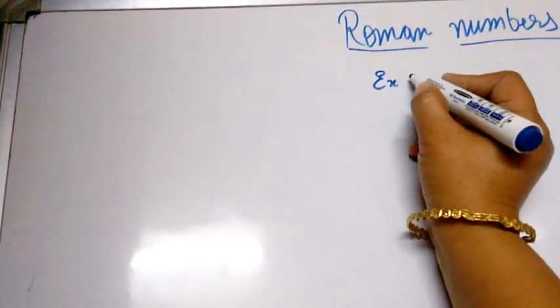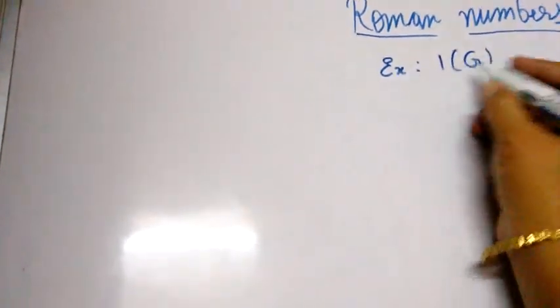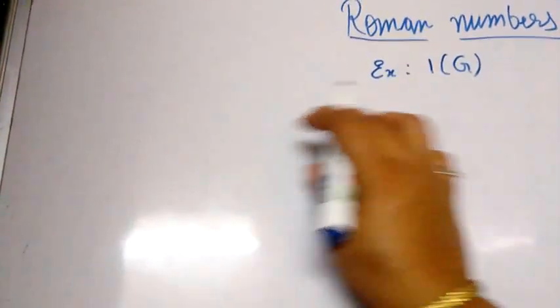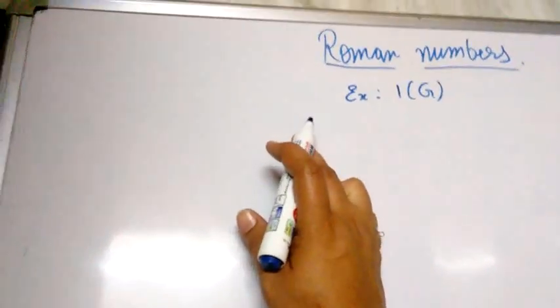Now let us start exercise 1G. We have done exercise up to 1F. Now we will start exercise 1G, which is based on Roman number and Hindu Arabic number.